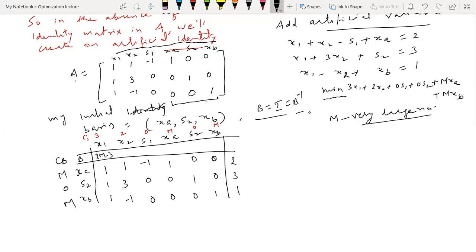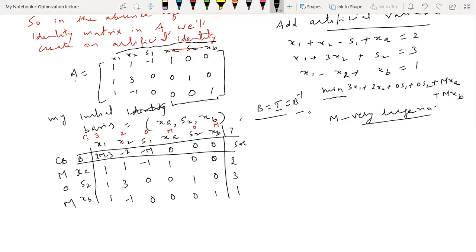The second coefficient is M minus M, 0, 0 minus 2 is minus 2. The third one is minus M. The fourth is M minus M, 0, and 0, 0.